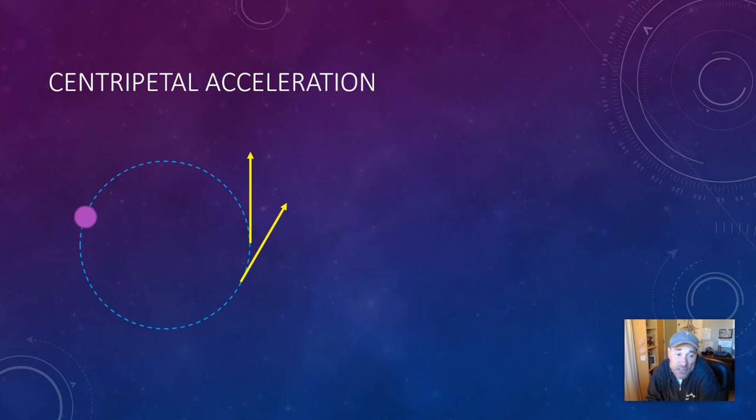So what we can do with this is look at it and recognize that at any 2 points in the circle, it has different velocities. And with different velocities, we can recognize that we have some sort of acceleration. So let's take these 2 velocities for a moment and come up with a change in velocity from them. I've got here the velocity that's up and to the right and the velocity that is straight up.